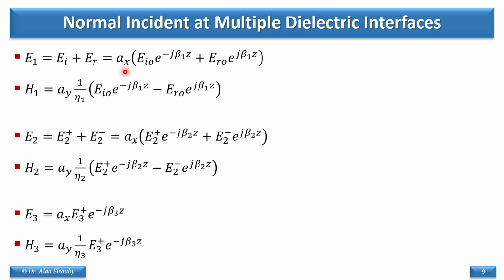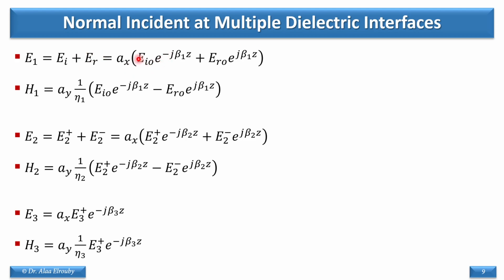So when we're writing in media number 1, we have the wave in media number 1 equal E incident plus E reflected. We know the incident field and we know the properties of the three dielectric materials. So for media number 1, we have the incident wave and all the wave components that are traveling in the negative Z direction are summed up in this term.